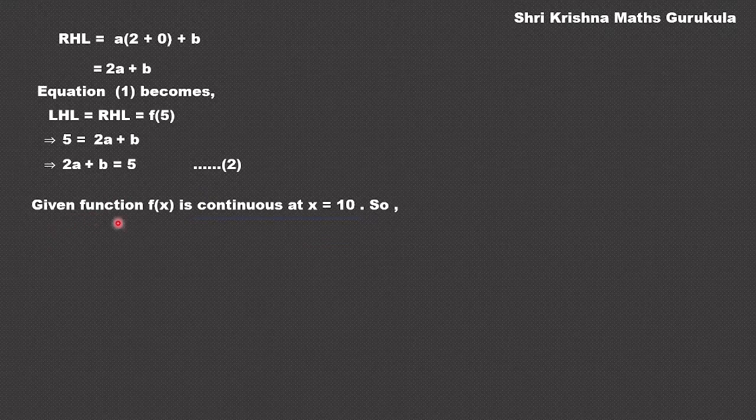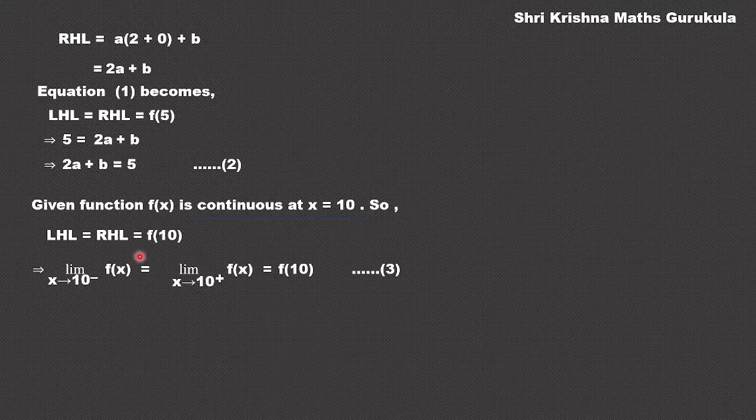Now given the function f of x is continuous at x equal to 10, we are using the condition LHL is equal to RHL is equal to f of 10. Now limit of f of x as x tends to 10 minus is equal to limit of f of x as x tends to 10 plus, equal to f of 10. First let us evaluate LHL, the limit of f of x as x tends to 10 minus.